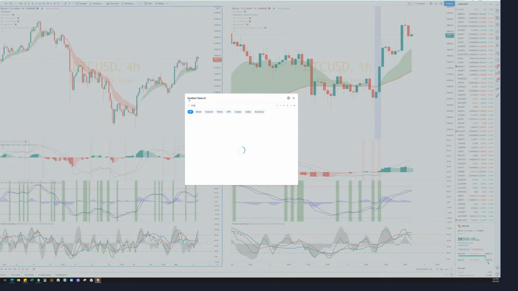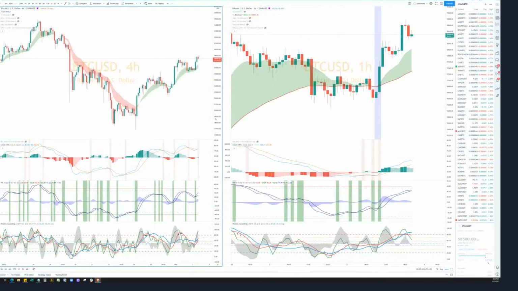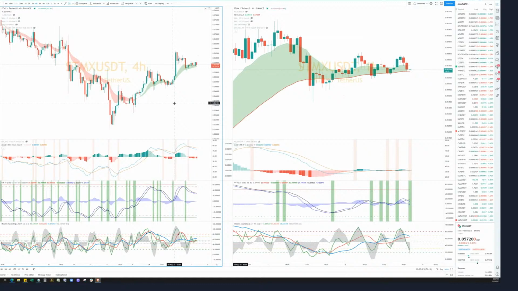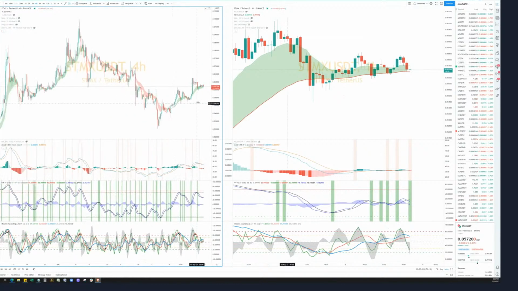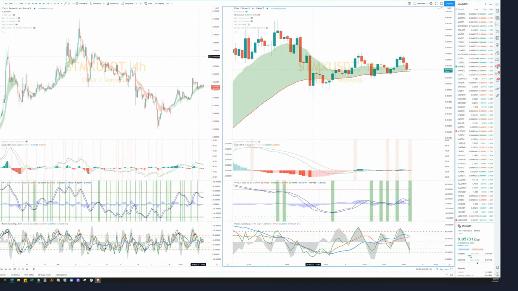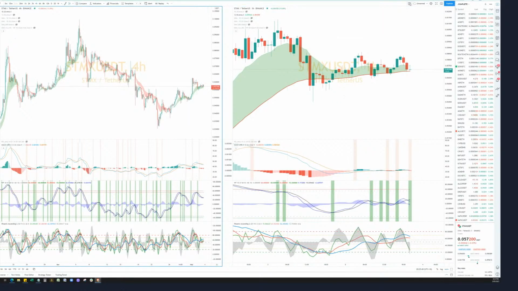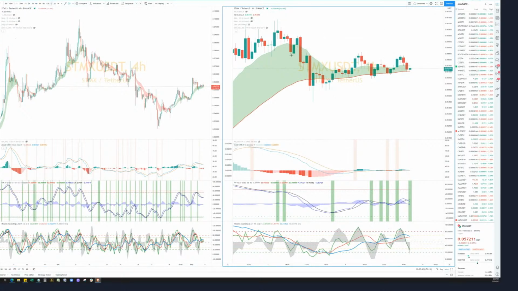Another same pattern. What I'll do, same symbol, different time frame. Okay, so what I'll do is get a bigger time frame, the daily, on the right.